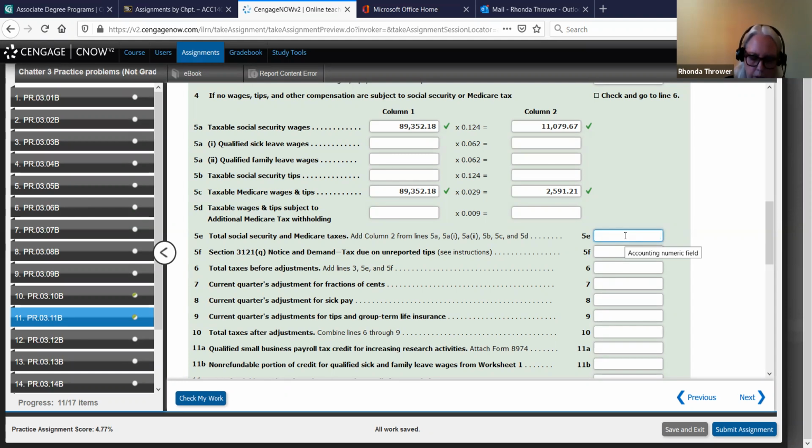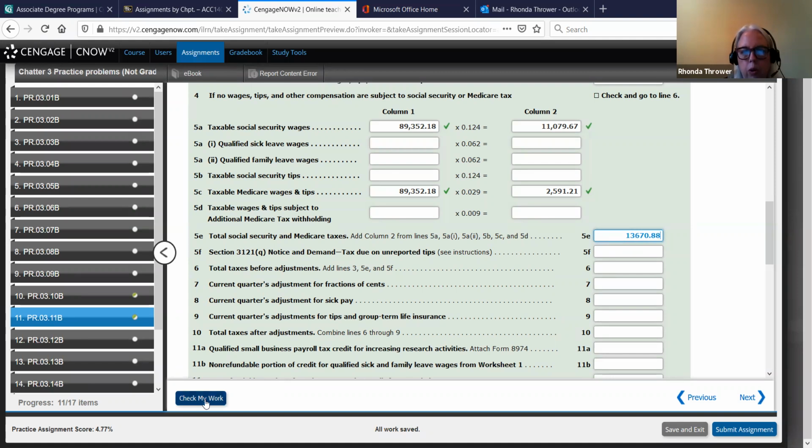So $11,079.67 plus $2,591.21 will give you the total amount of taxes that were withheld, $13,670.88.